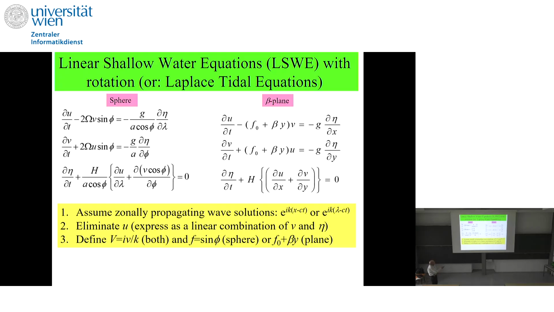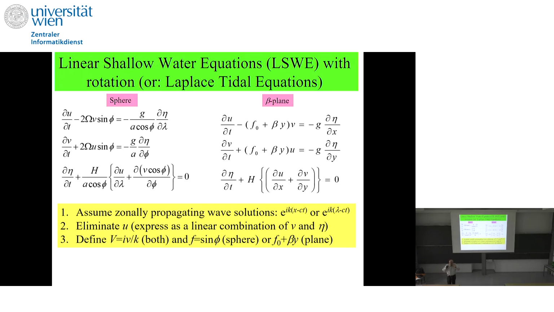And then again here, as we said on Monday, there is no y or phi derivative. Therefore, it becomes a linear equation that relates u, v, and eta after you substitute these wave expressions. And then you take this u you get from here and substitute it here and here, and you get the system too.